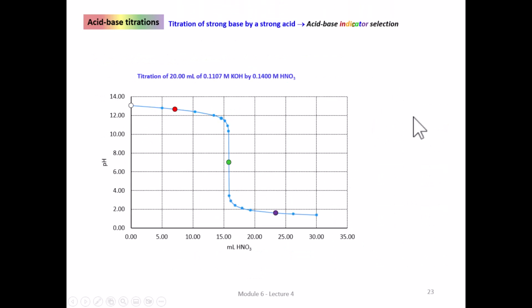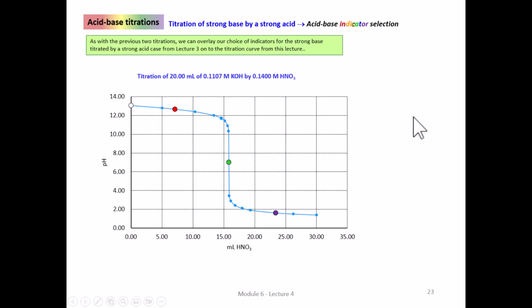Well, how about indicator selection? As with the previous two titrations, we can overlay our choice of indicators for the strong base titrated by the strong acid case from lecture 3 right on the titration curve.